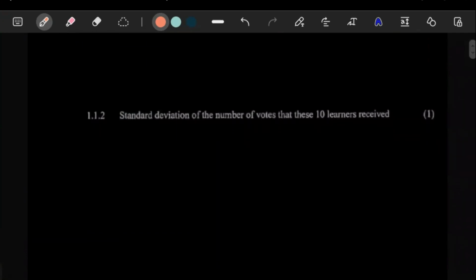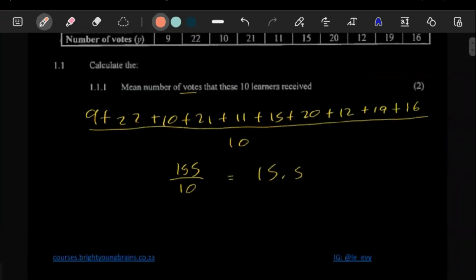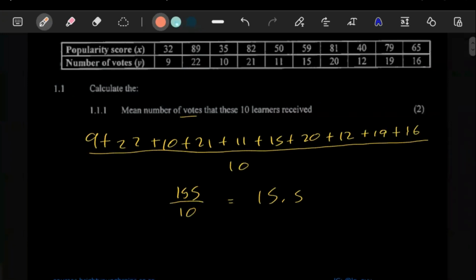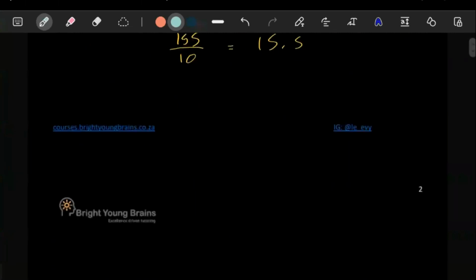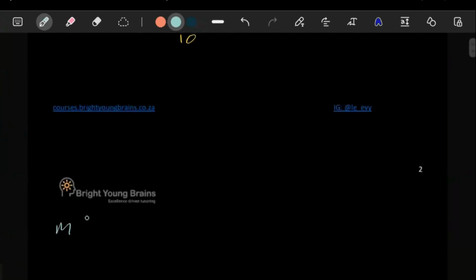I think from the get-go, it may be just easier for us to put the data into the calculator. So putting the data into the calculator, we obviously are going to need to press mode, and then we're going to press stat, and then we're going to press var, which is option number 1.